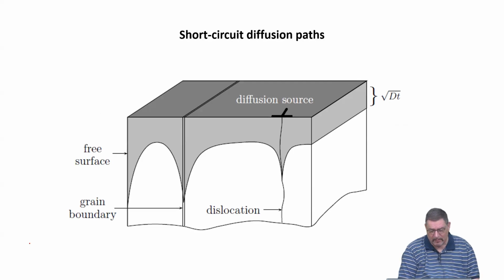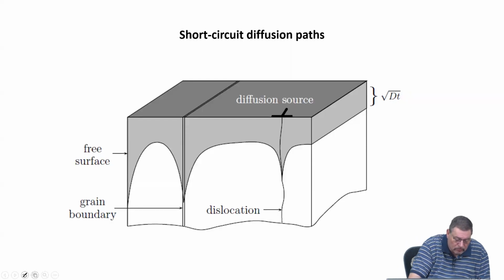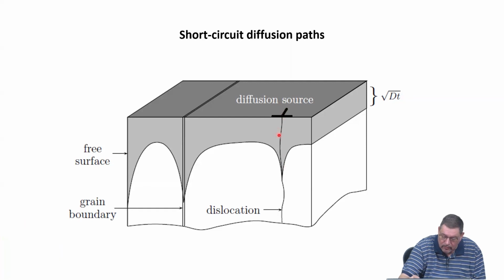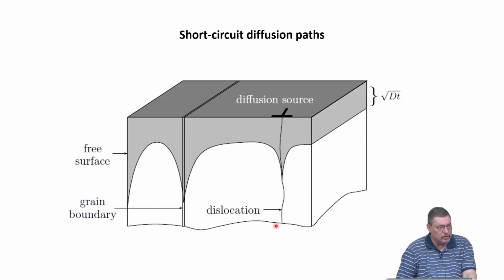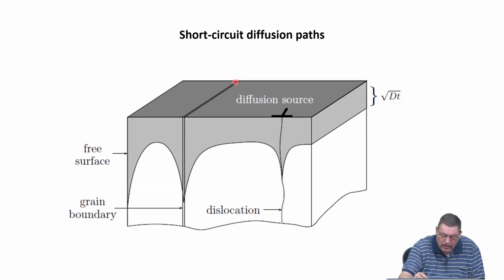This is what we are now talking about. We have a polycrystalline microstructure and we have defects. These defects could be dislocations, so basically quasi one-dimensional short circuit pathways. They could be the grain boundaries.